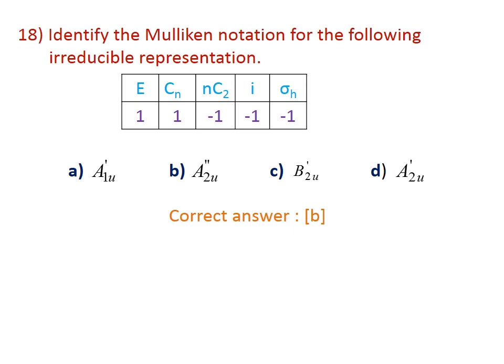And for the horizontal plane of symmetry, it is asymmetric, minus 1, double prime. The Mulliken symbol for this irreducible representation is A2u double dash. A2u double dash is the correct answer for this question. The correct answer is B.